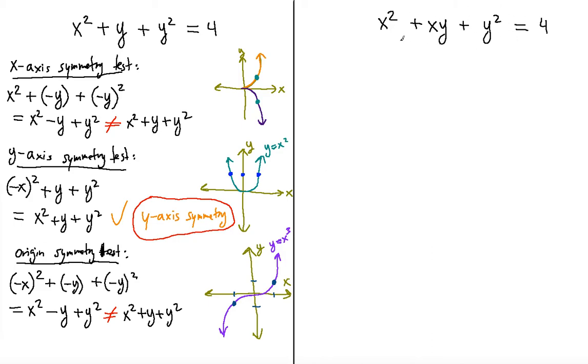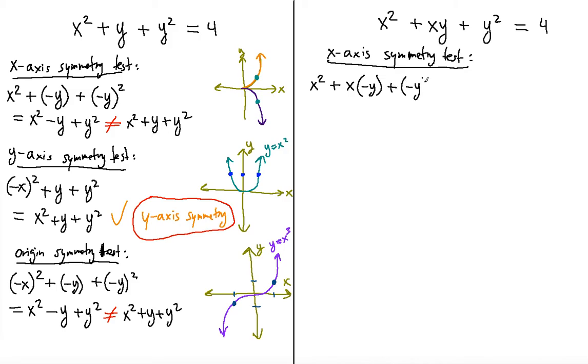Now, the next part is similar, right? Let's start with the x-axis symmetry. You already know what the graphs look like. So it remains to go over this. The x-axis symmetry means you're going to negate the y's and see if you get the same left side. Times a minus y plus minus y squared.